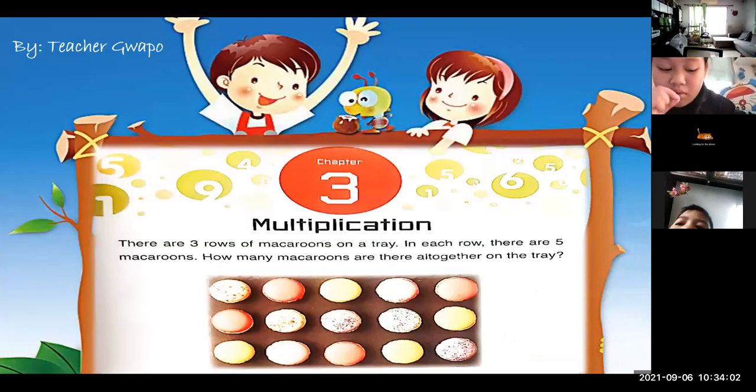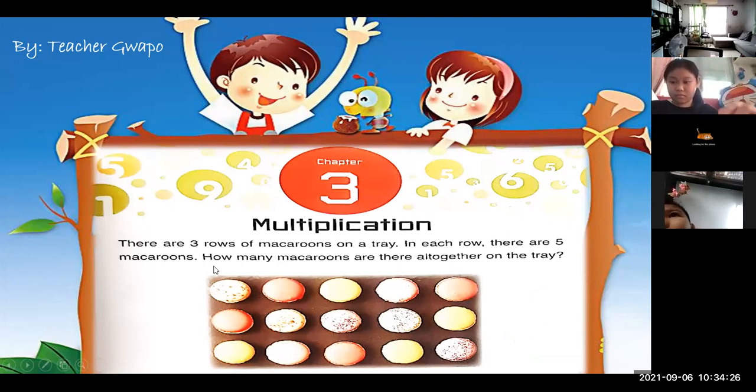So multiplication, we are now in chapter 3. There are 3 rows of macarons on a tray, and in each row, there are 5 macarons. You can see here 1, 2, 3, 4, 5. So there are 3 rows, and each row has 5 macarons.